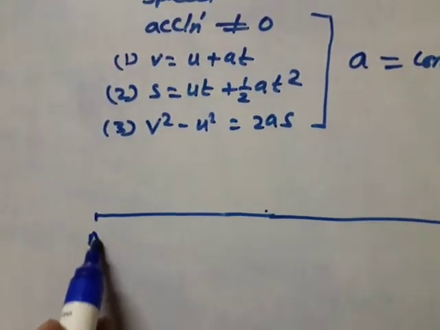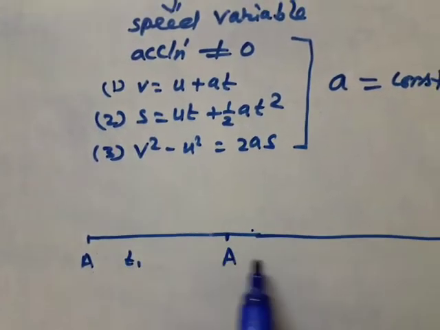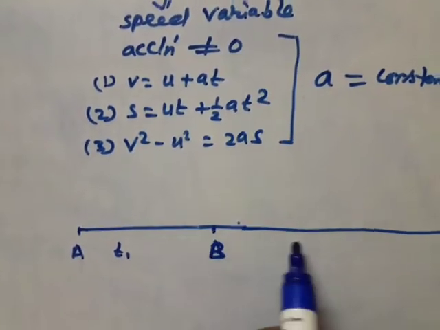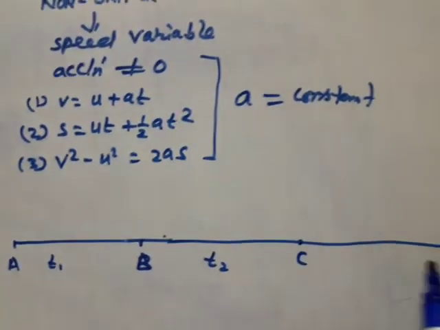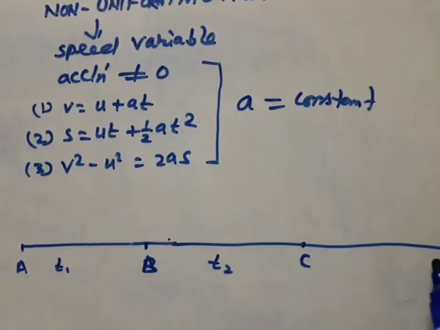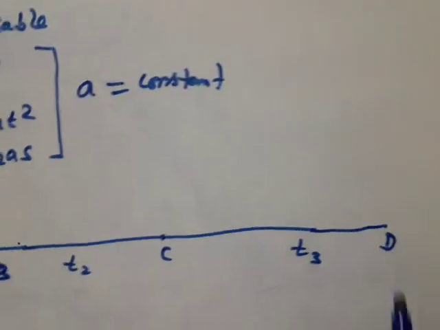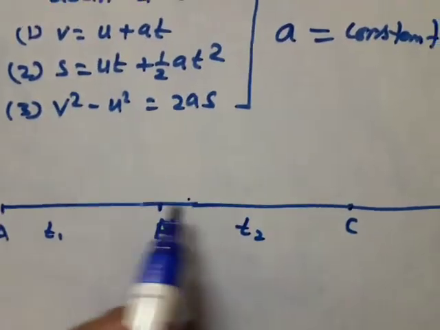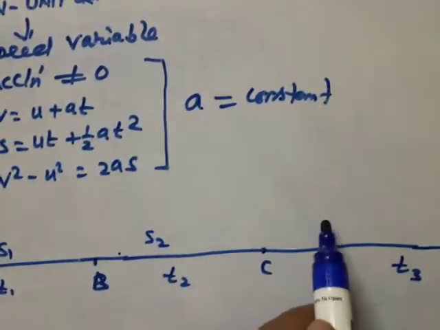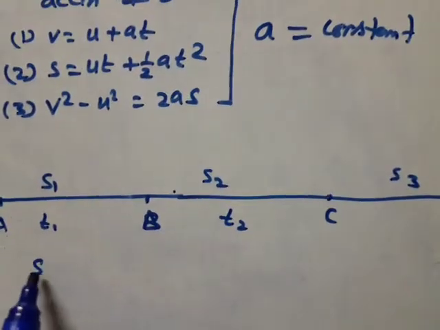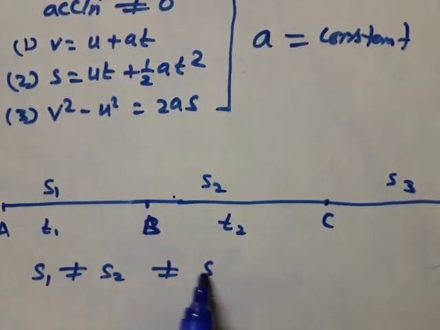Suppose a body goes in first time t1 from A to B, then in time t2 from B to C, and time t3 from C to D. Suppose this distance is different. This is s1, this is s2, s3. s1 does not equal s2, does not equal s3.